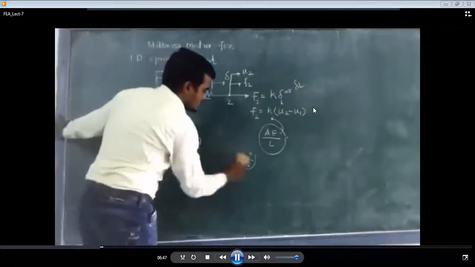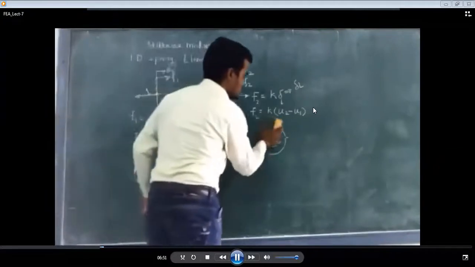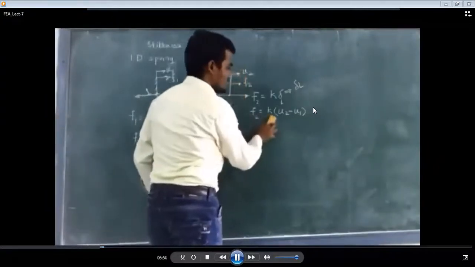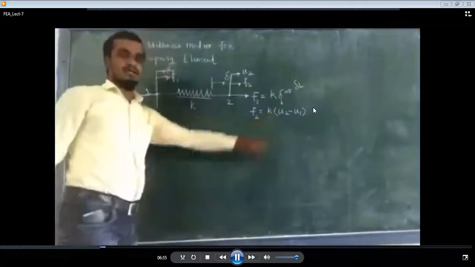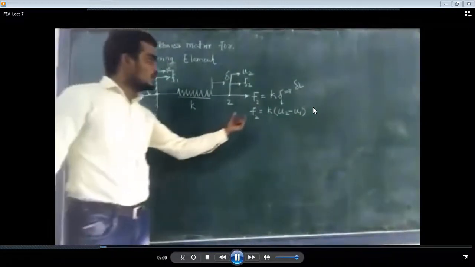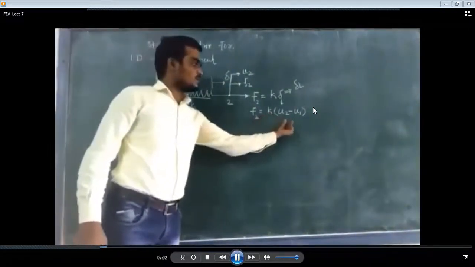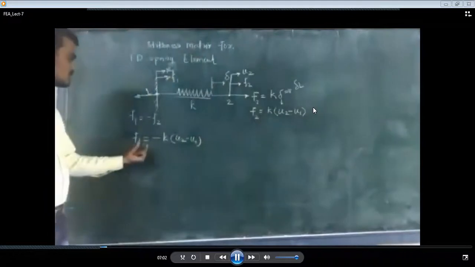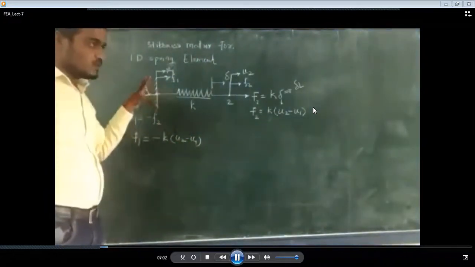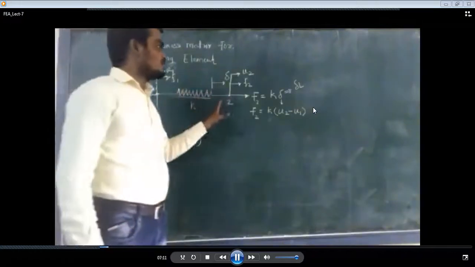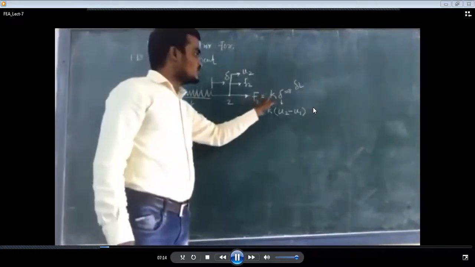So now we will write these equations, or we will simplify these equations to get an elemental stiffness matrix. To simplify these equations, F1 is equal to, means split the bracket, as minus k times u2 and plus k times u1.